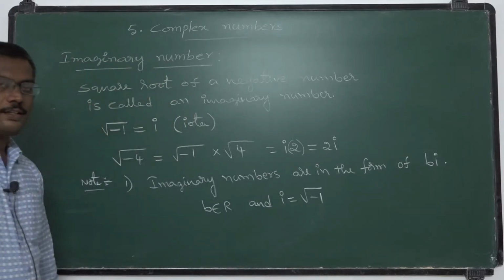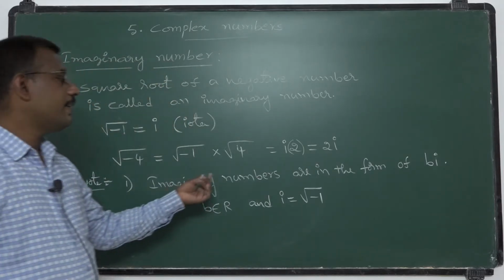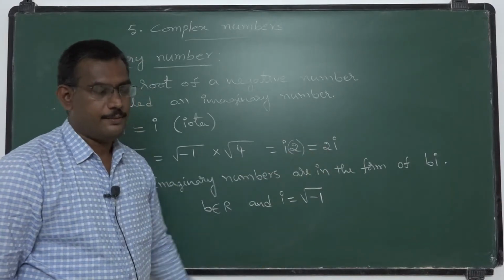So imaginary numbers are in the form of bi.